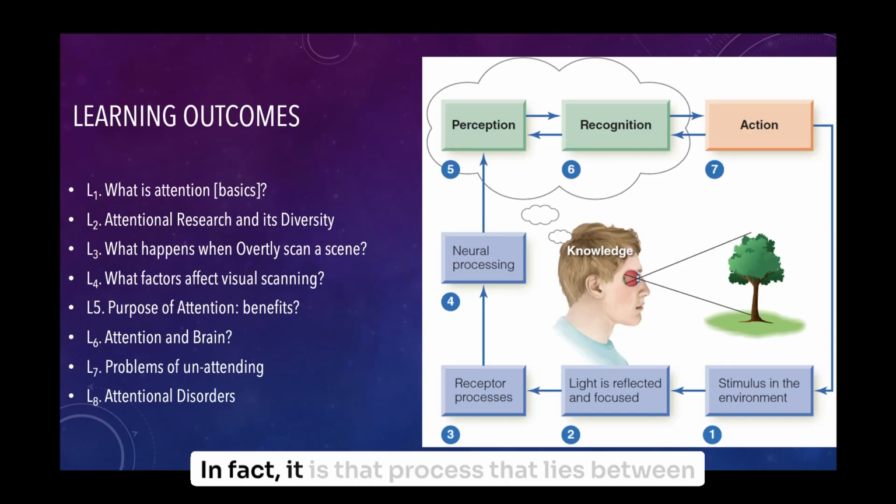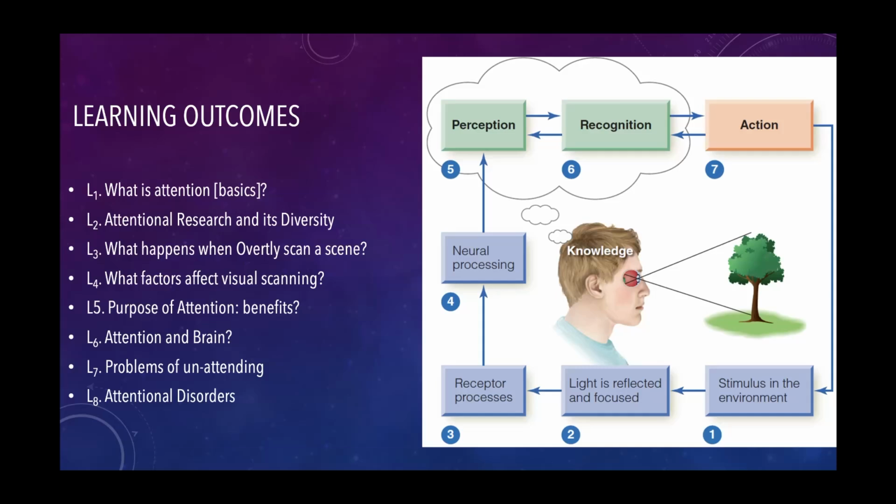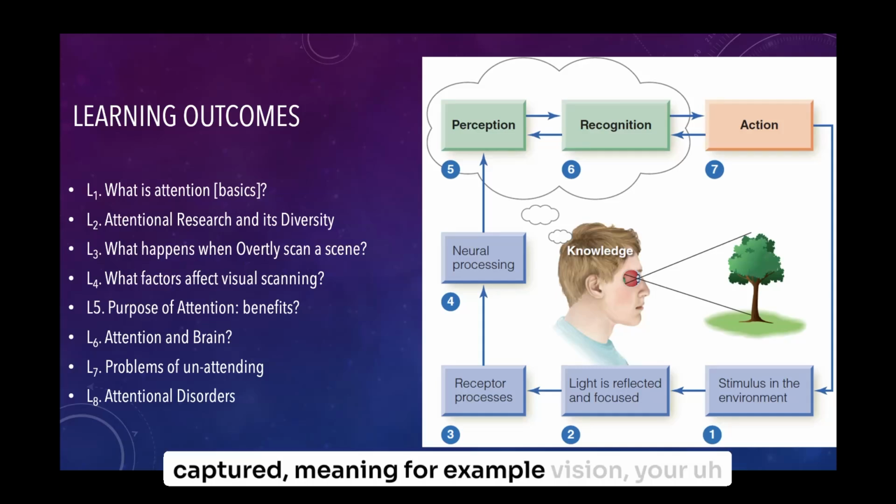In fact, it is the process that lies between sensation and perception. Once the information is captured by a sense organ, before you can perceive it, you need to select what you have captured. The reason is that your sense organs, for example, in vision your photoreceptors, have captured a lot more information than your brain can perceive.